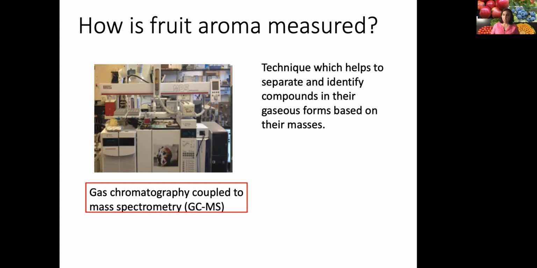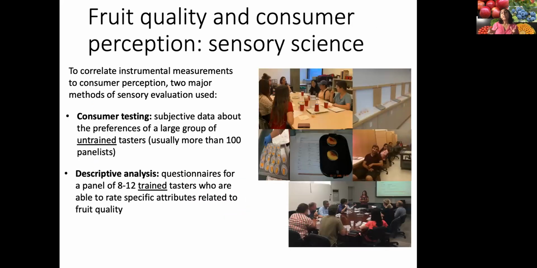For that, we use this instrument, which is a gas chromatograph coupled to a mass spectrometer, where we can achieve exactly this. So we can define the volatile profile of our fruits, okay? Instrumentally, and we get again a value of how much of a specific ester is present in that fruit, okay? So that's in general in terms of the different components of fruit quality and how we can measure them instrumentally.